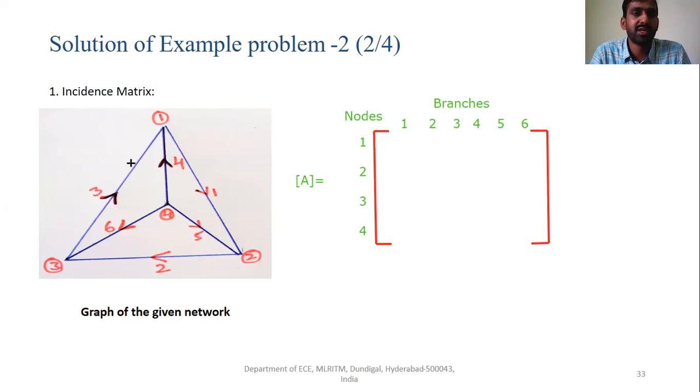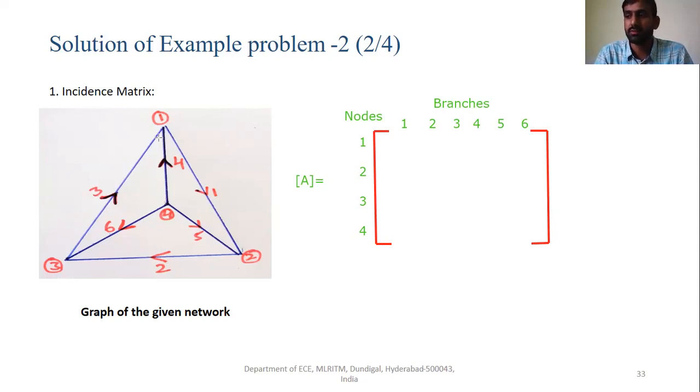If the direction of the current of the particular branch is oriented entering the node, the element is going to be -1. If it is leaving the node, the element is going to be +1. If it is not incident to that node, the element is going to be 0. That is the procedure.